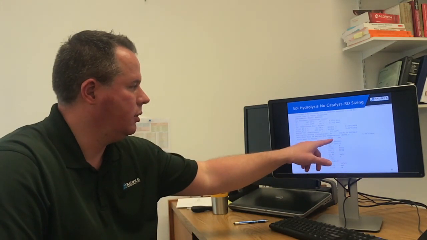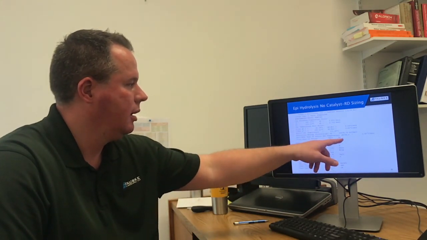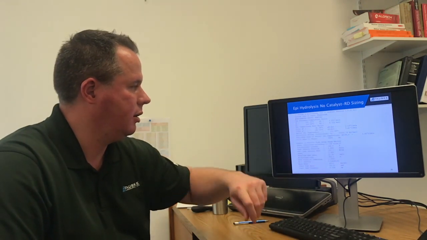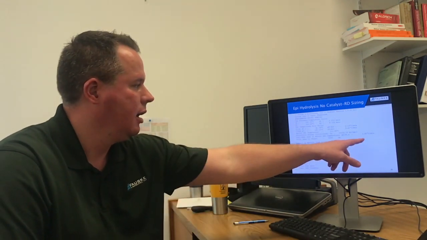And so using the set pressure and the activation energy and the temperature and pressure rate pairs, the actual temperature rise rate at the relief conditions is predicted to be 1.45 degrees C per minute.